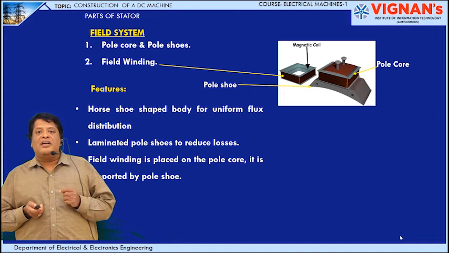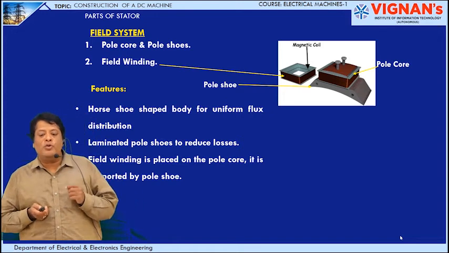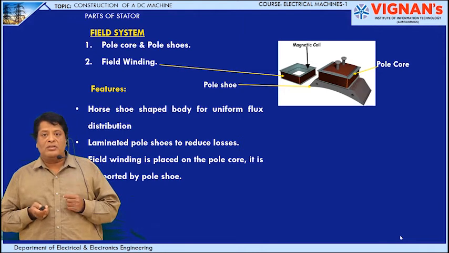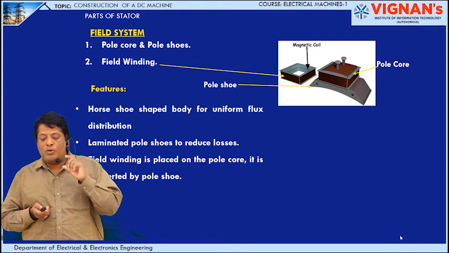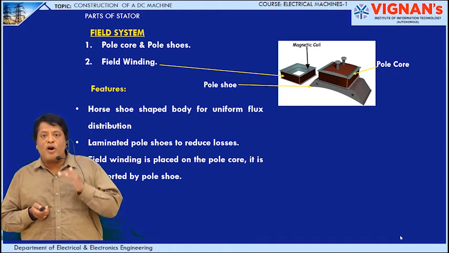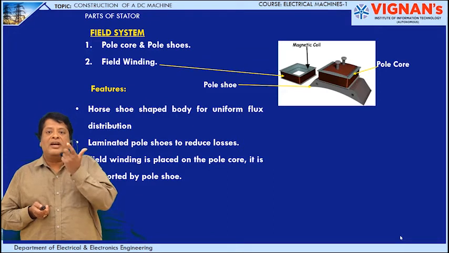If you see the shape of the pole shoe, the cross section of the pole shoe is more than the pole core, because the winding we keep on the core should not fall onto the rotor, since this pole is attached to the stator.